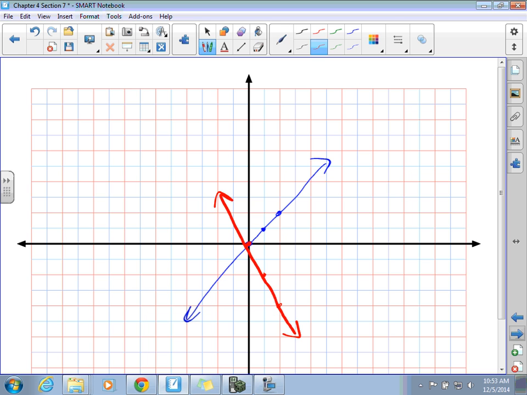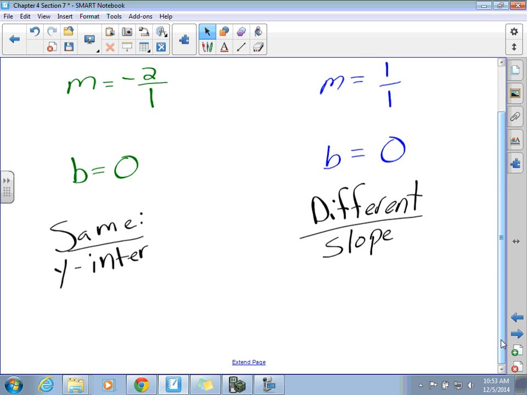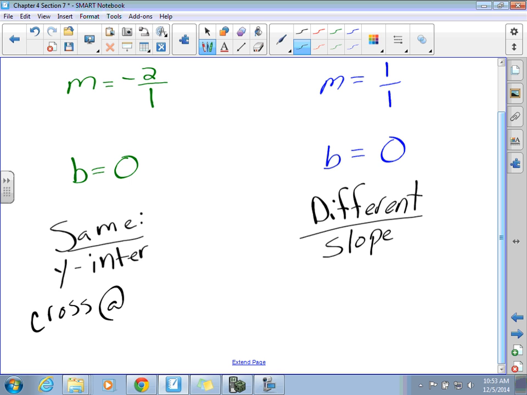Cross at origin. What's different? Steepness. Steeper. Opposite direction. Very nice. And you'll have that on the test. There should be two things that are alike, two things that are different. And with alike, I don't want to hear slope and slope. It's slope and steepness. Okay.